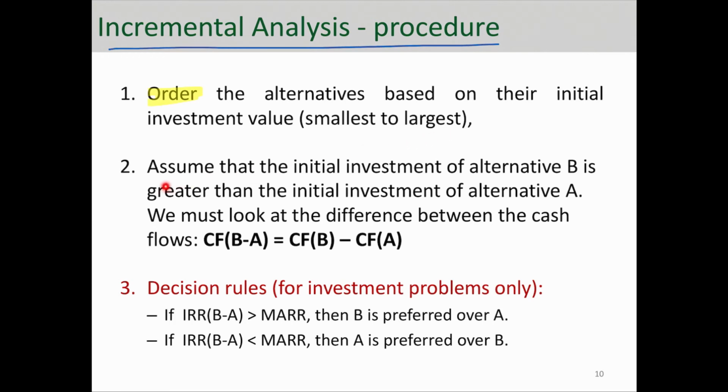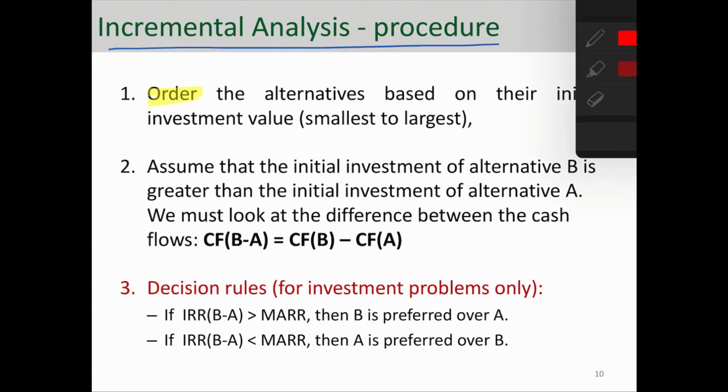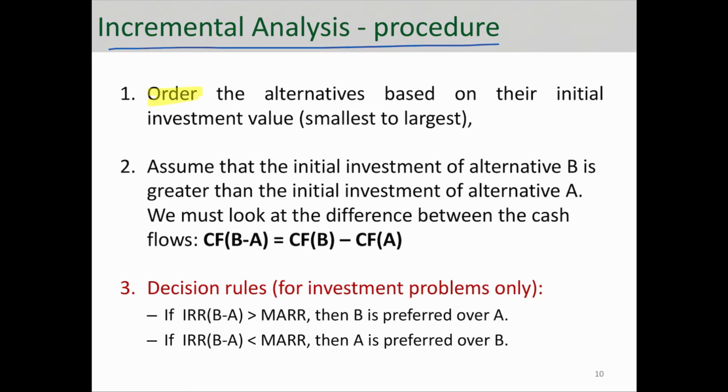Then in step 2, assume that the initial investment of alternative B is greater than the initial investment of alternative A. We must look at the difference between the cash flows. So here we're saying that alternative A has a cash flow, alternative B has a cash flow, but alternative B has a larger initial investment. So what we're going to do is subtract the cash flow of alternative A from alternative B.